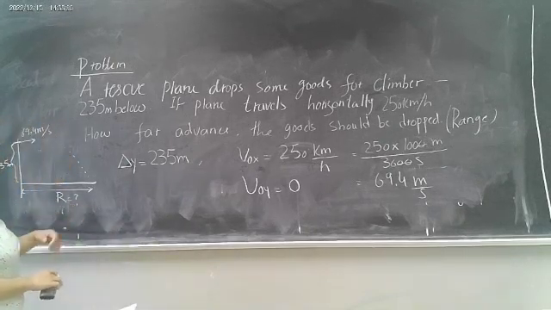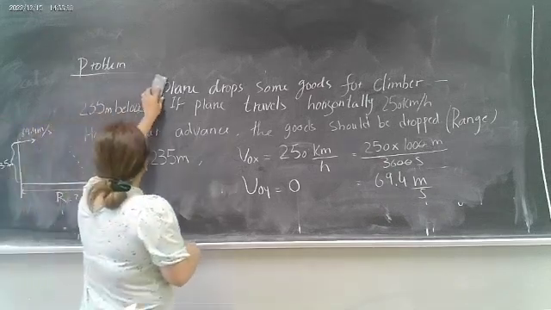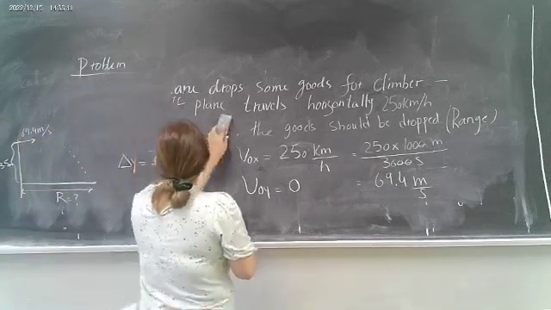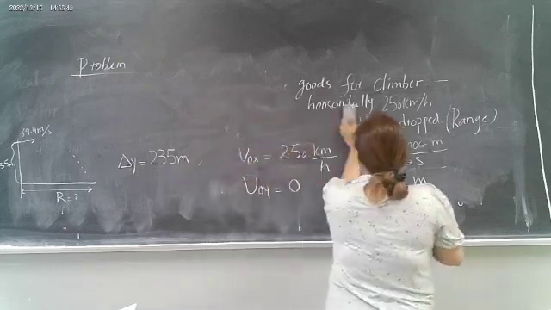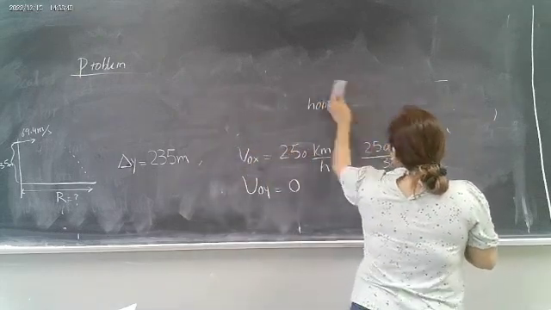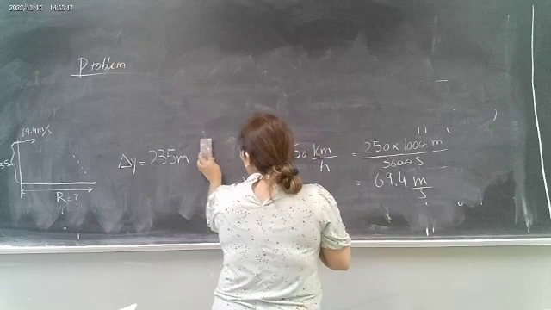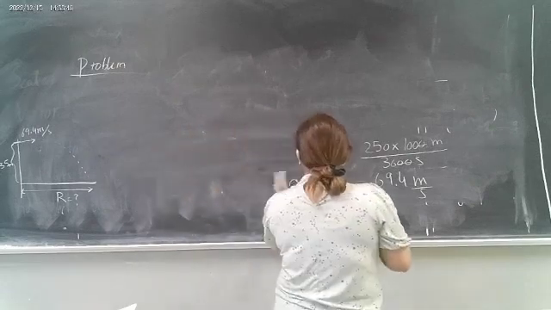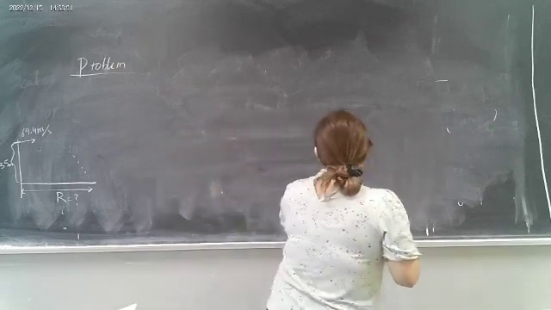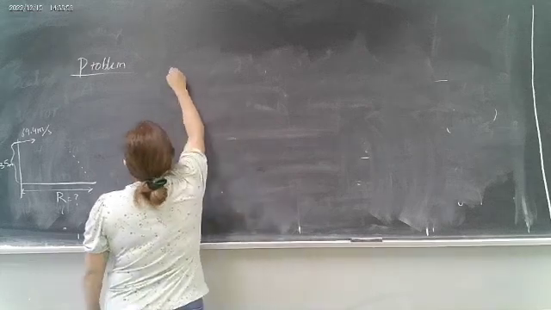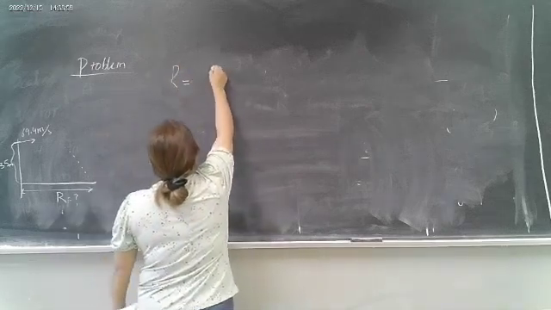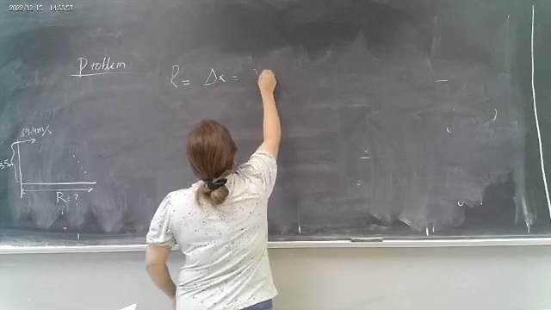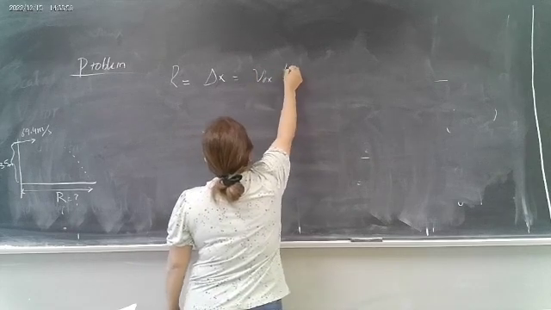In order to find the range, I'm going to erase this and start by using the range equation that I know: delta x is equal to v naught x multiplied by time.